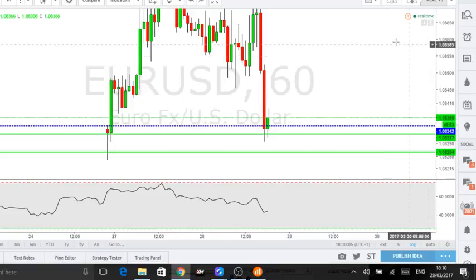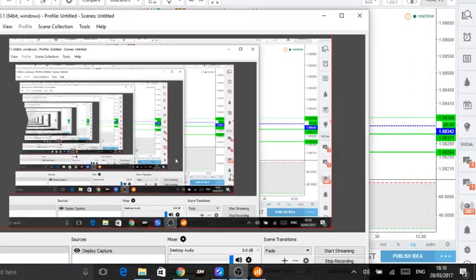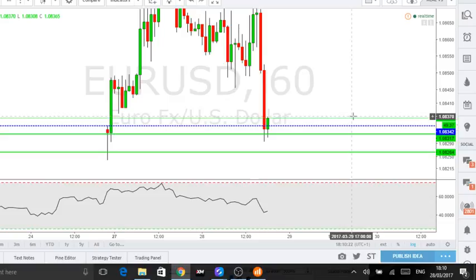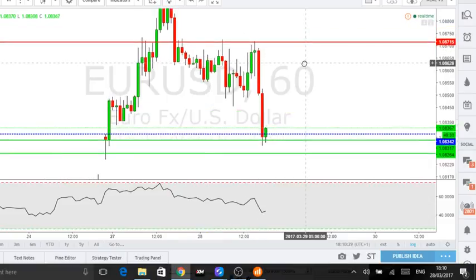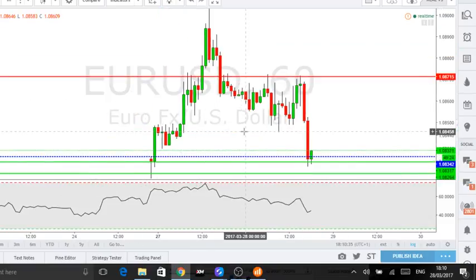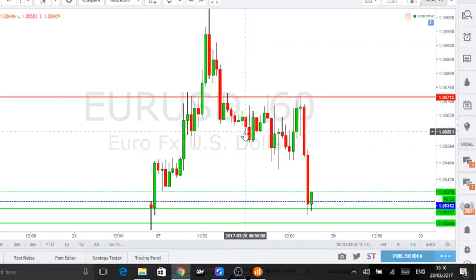Now, how I was able to find this area of structure: to identify this trade, I saw that price came to this area here, and if you can see a lot of wicks, wherever you see wicks, it shows a strong level of structure, guys.